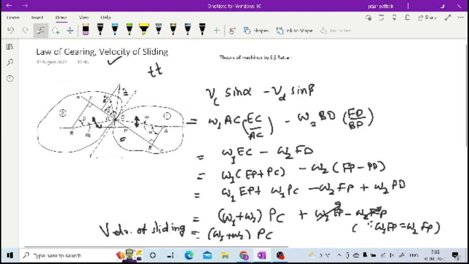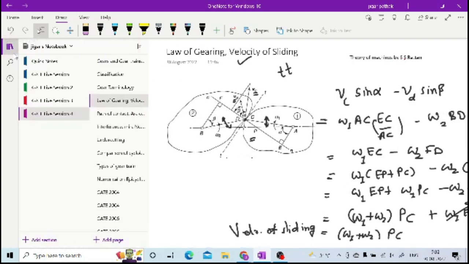So if you go for velocity of sliding at the pitch point, then what will happen? Are you getting what I am trying to say?